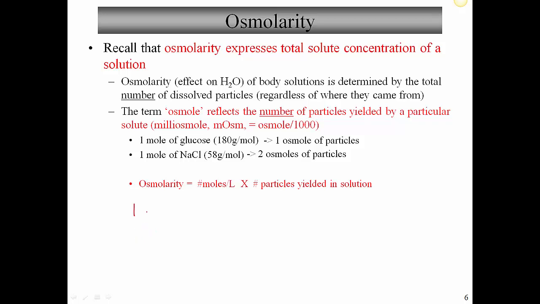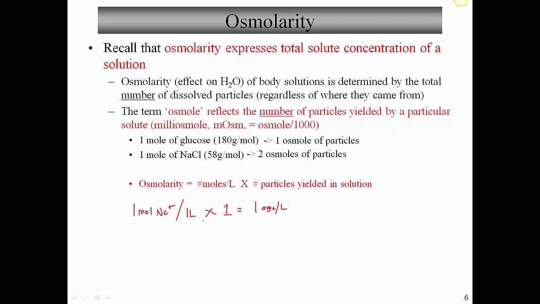If I was to, for example, put 1 mole of sodium in 1 liter of water, times the number of particles yielded in solution, we know that sodium itself can only yield 1 particle. There's only 1 sodium there, so that would be multiplied by a number 1, and that would in fact give me 1 osmole per liter.